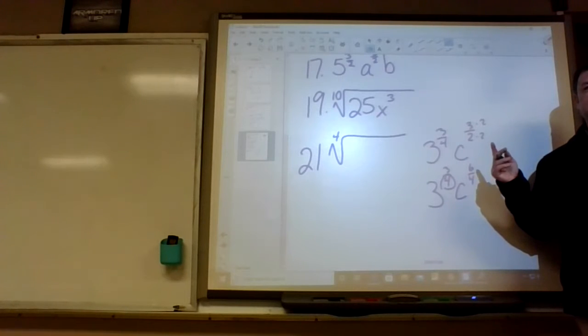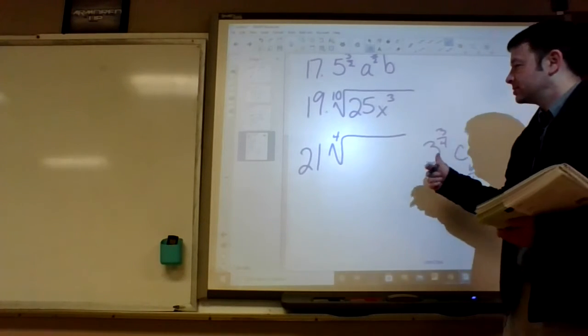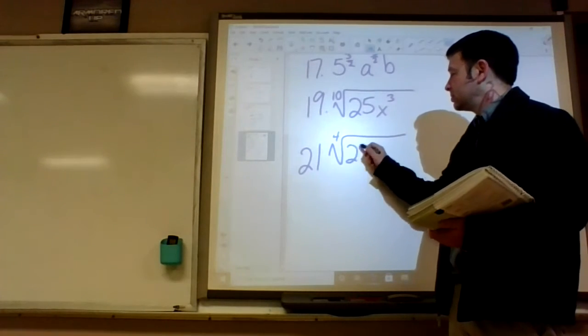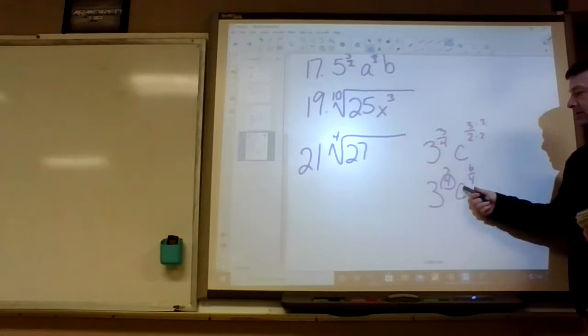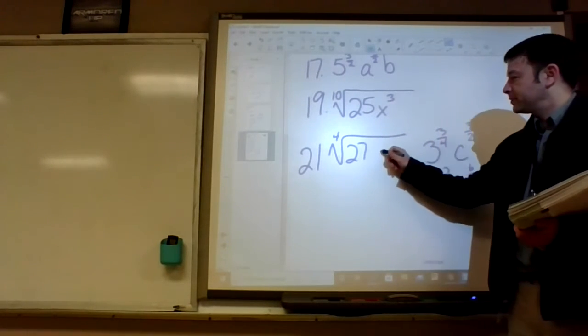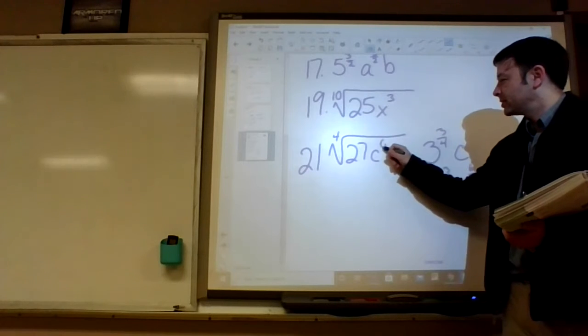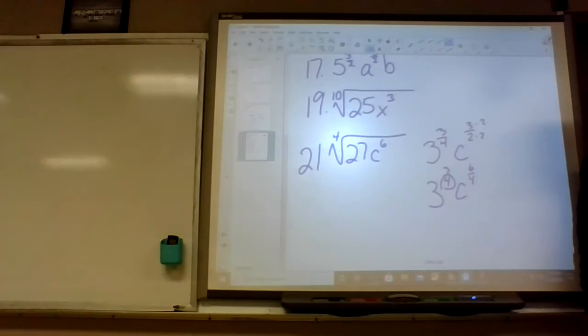What's that simplified? 3 times 3 is 9, times 3 is 27. And C to the 6, which doesn't simplify, obviously, so here we go. Oh, no, they did simplify the C's, darn it.